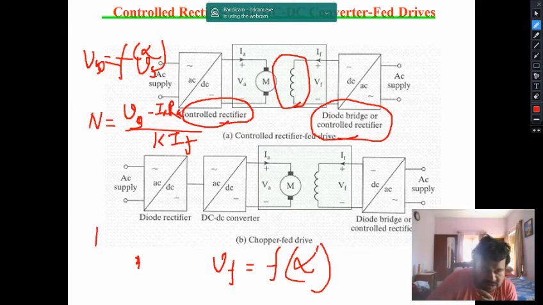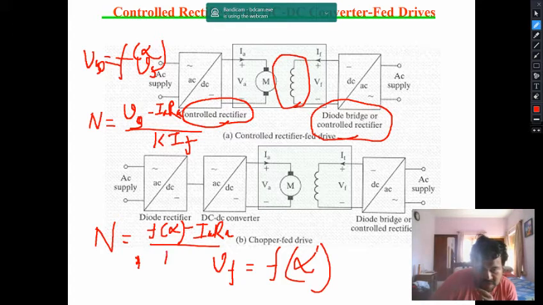So what about the speed equation? Your speed is equal to a function of alpha minus IaRa by K times If. If your Vf is a function of alpha dash, then If equals Vf by Rf, so you can directly substitute the value of If over here.